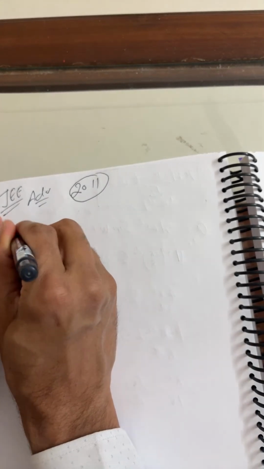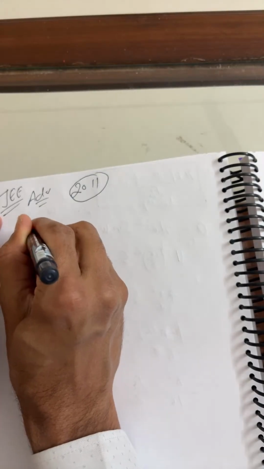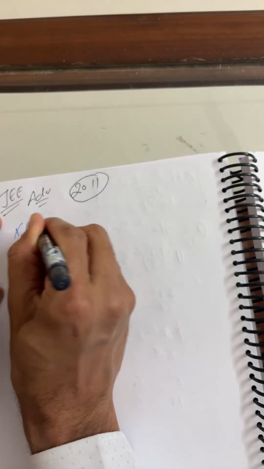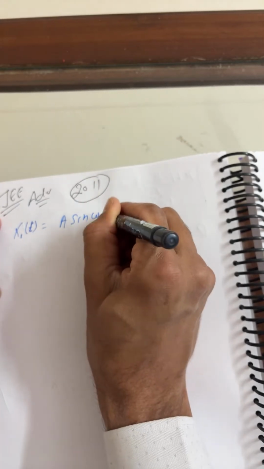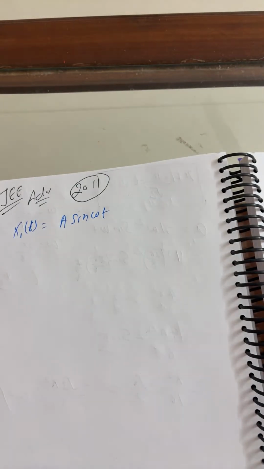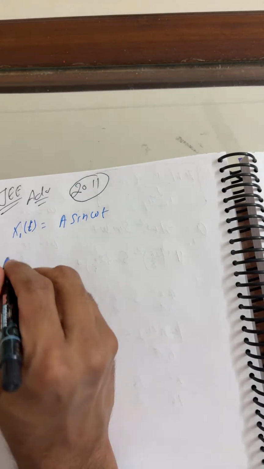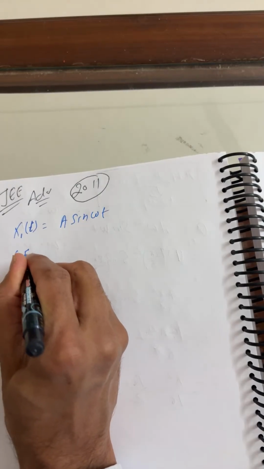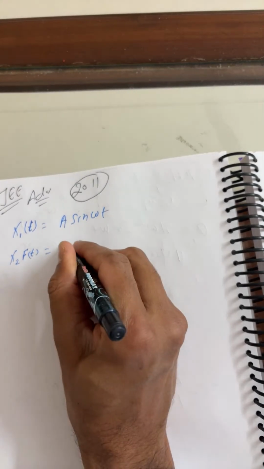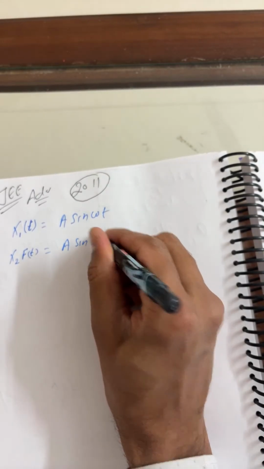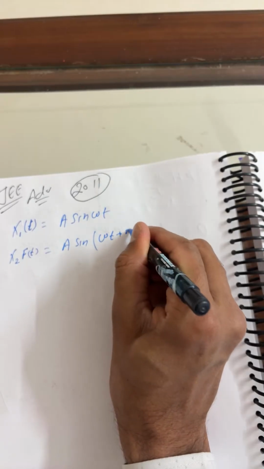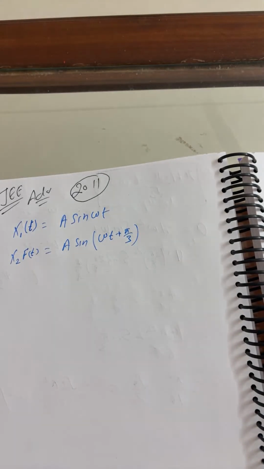So you can see, this is x1 as a function of time t, A sine omega t, and x2 as a function of time t. This is A sine omega t plus pi by 3.